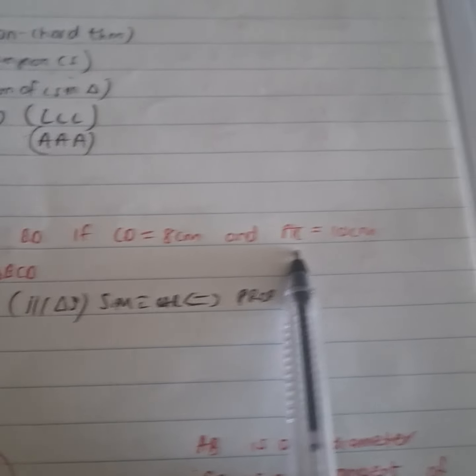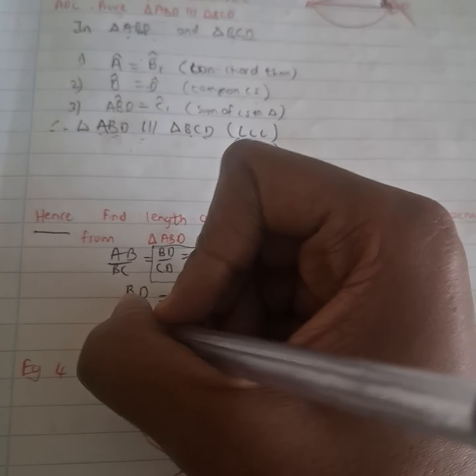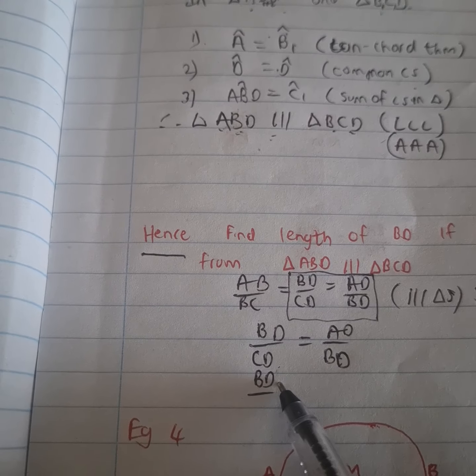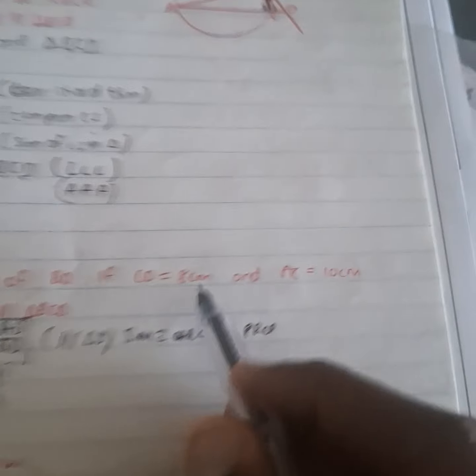And then let's substitute the sides that have been given to us. We are asked to find BD. BD is what we want. CD, do we have CD? Now what we can see here is that CD is 8 centimeters. It is stated, there it is.